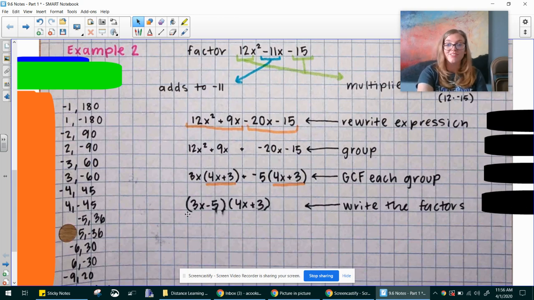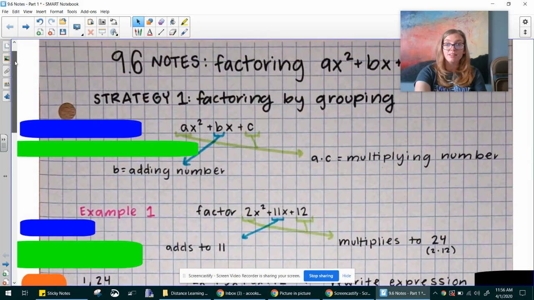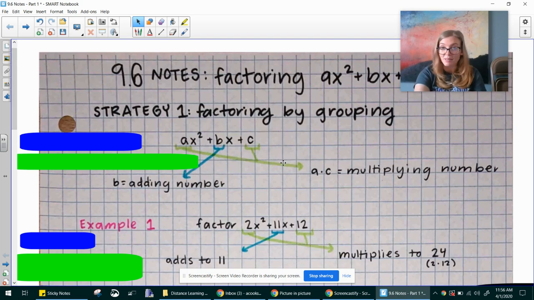As a reminder, factors are the two terms that multiply together to get a product. And when we are asked to factor, we are being asked, what can I multiply to get this product? So that's strategy number 1, factoring by grouping. Next, I'm going to show you strategy number 2, which is going to be factoring using the box method.